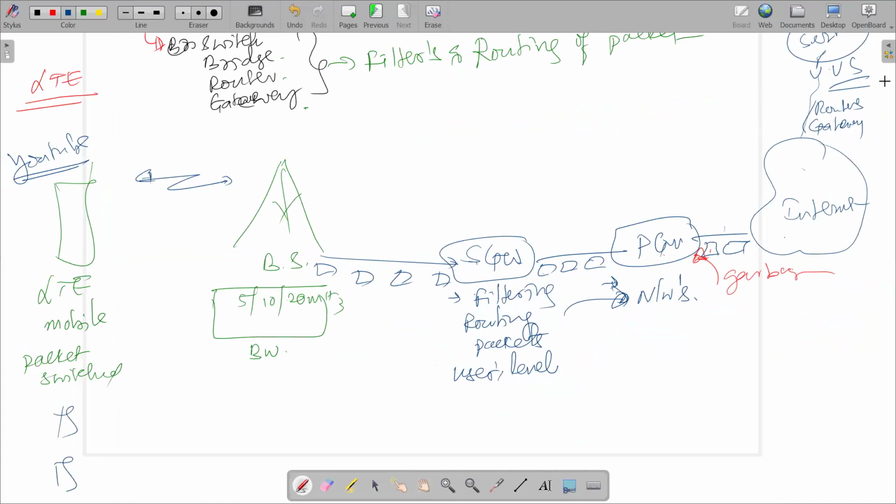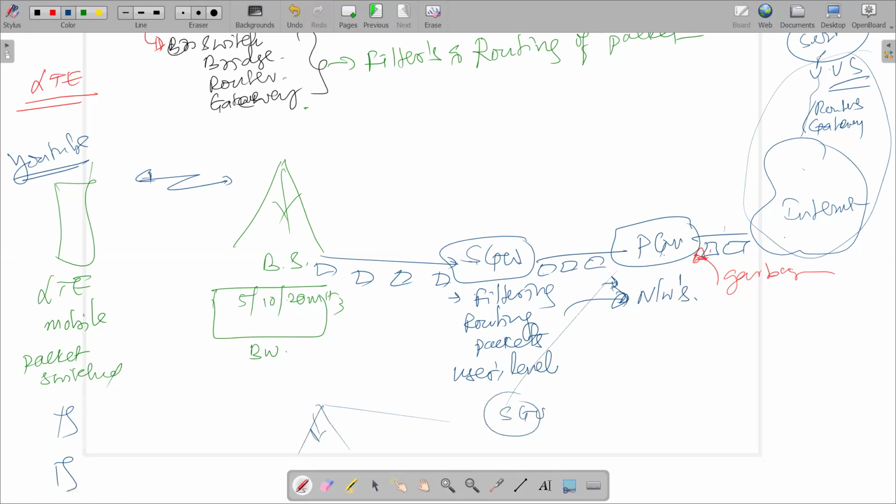Data travels here, as it is a packet switching network. It takes different paths, even multiple S gateways and multiple base stations, and the data travels through them.